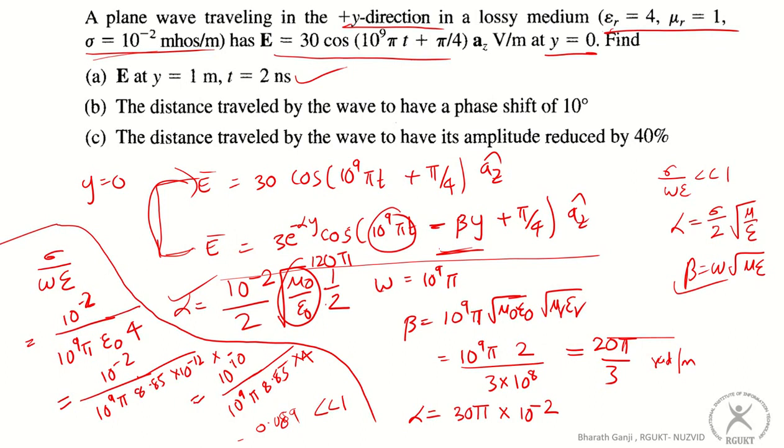So it is simple, right? You substitute t equal to 2 nanoseconds in this equation, and y as 1 meter. You can calculate the electric field, you get it as something like 2.787 a_z volt per meter. Okay, we'll solve the next one.